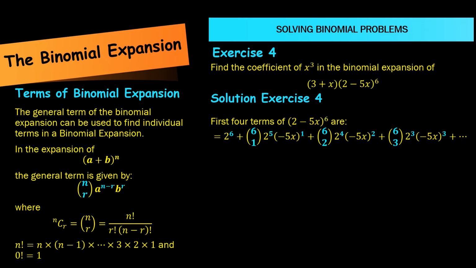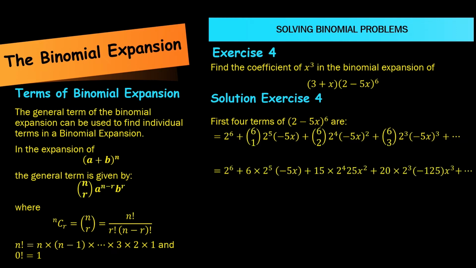And the various values of r here. And then tidying up gives us 2 to the 6 plus the x term plus the x squared term plus the x cubed term, and so on.